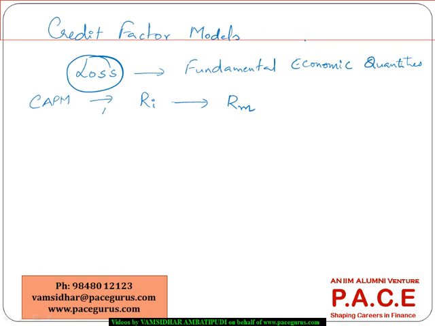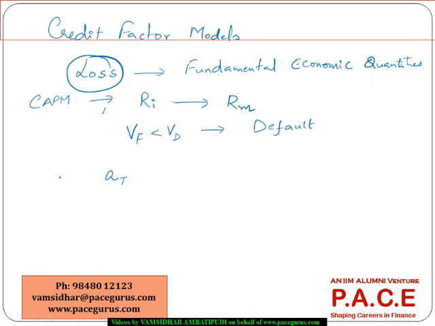So it's as good as saying that as long as the value of the firm is less than the value of the debt, we can treat it that a default is going to occur. Now, the other dimension I can look at: let's say I'm looking at the return on an asset.